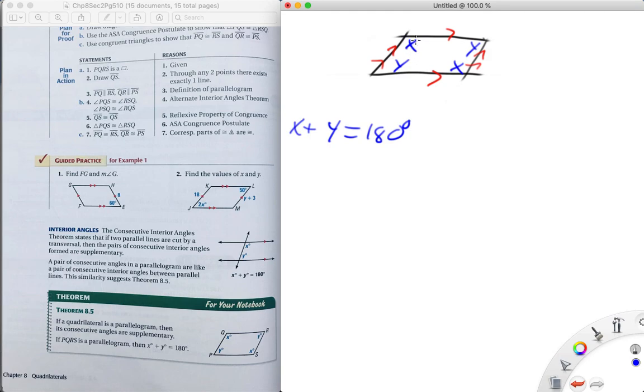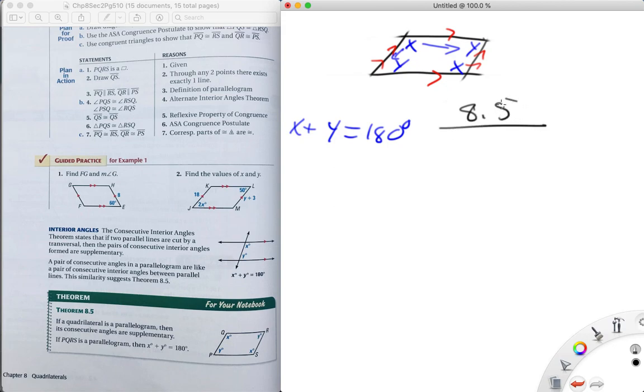This angle X right here is consecutive with this Y and consecutive with that Y. So every angle in a parallelogram has consecutive angles with two angles, two sets of Y's, and that's true across everyone. So that leads us to theorem 8.5.